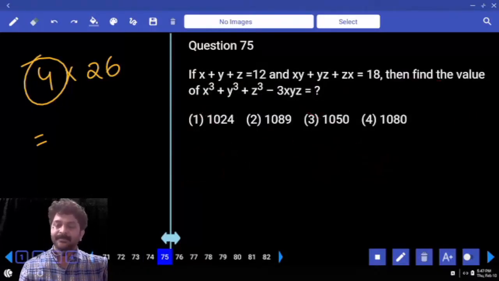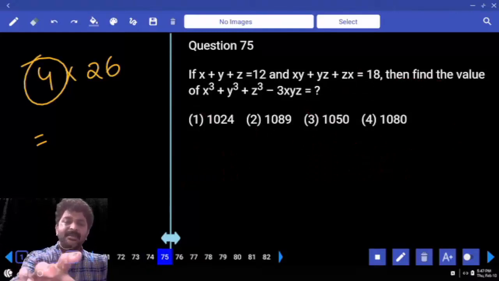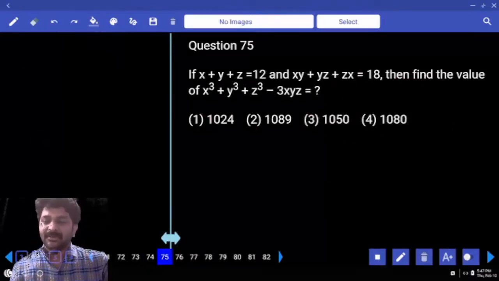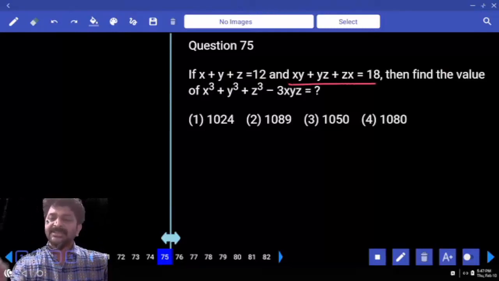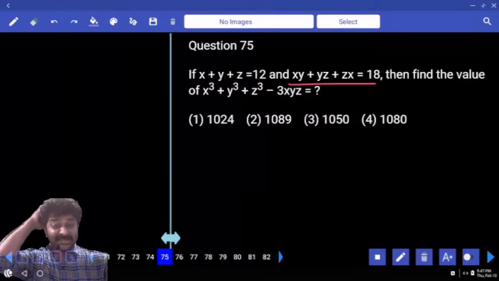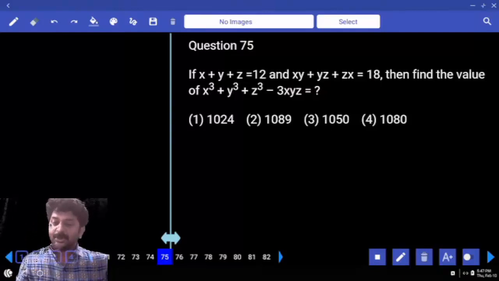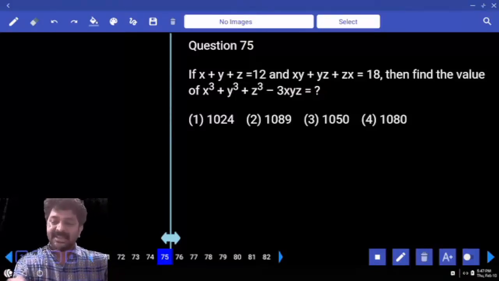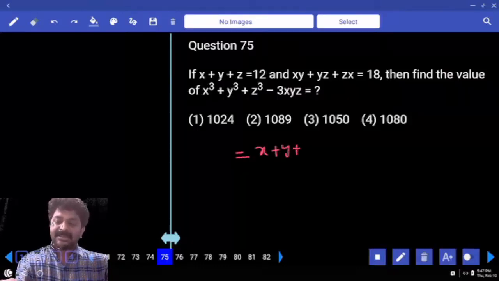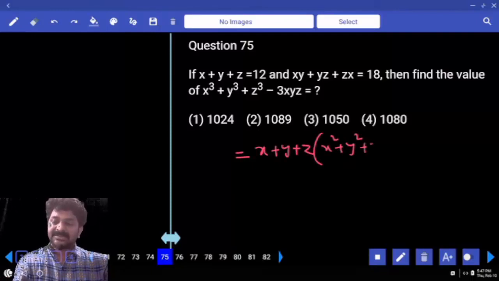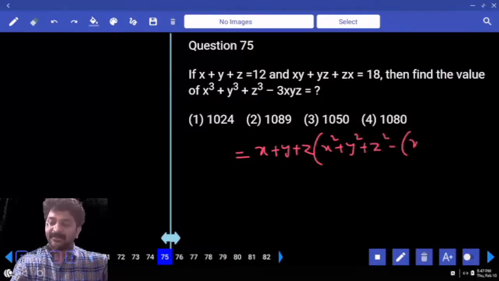Next. x plus y plus z is equal to 12. xy plus yz plus zx is equal to 18. Find the value of x cube plus y cube plus z cube minus 3xyz. That we can write as (x plus y plus z) into (x square plus y square plus z square minus (xy plus yz plus zx)).